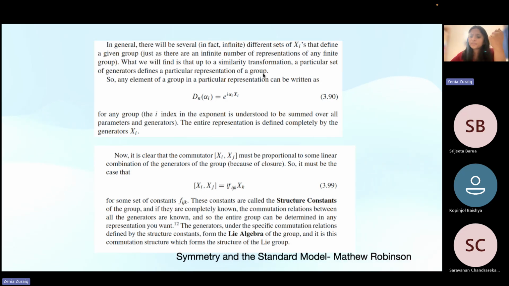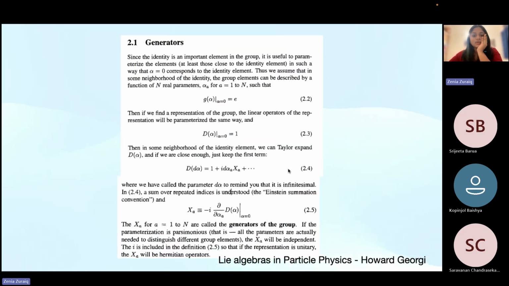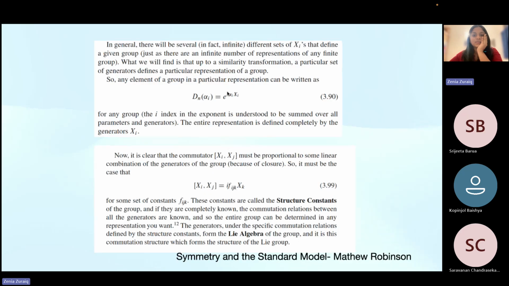So you can always choose some generators for some particular representation, and any element of a group in a particular representation can be written in this form. Because of the i's and other factors, it comes out to be just the exponential of that. The exponential of the generator basically reproduces the whole group for you.